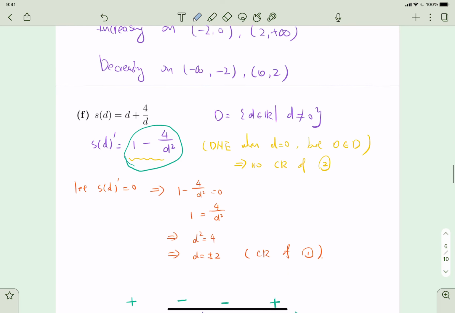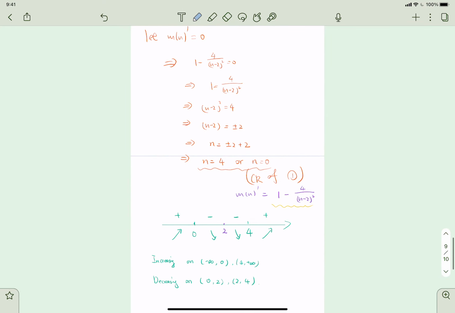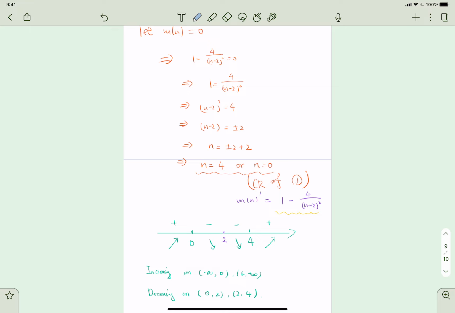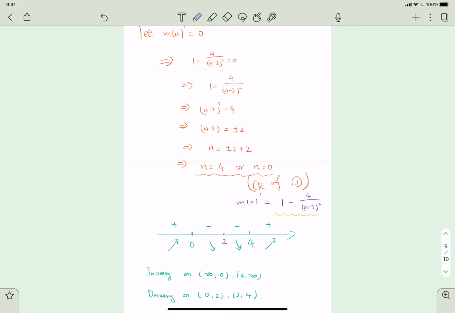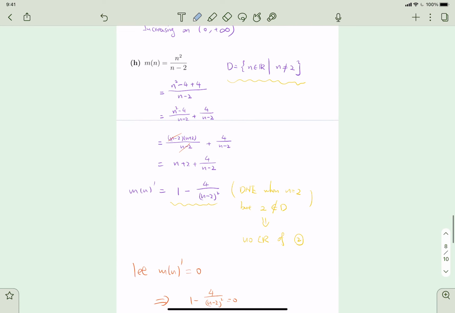So figure out the first type of critical numbers as well as the second type, and then we draw all of them on the number line to figure out the sign on each of the intervals separated by those critical numbers. And that should be very intuitive.